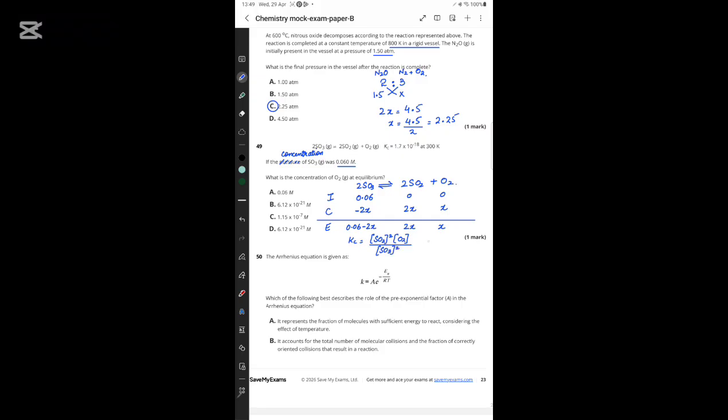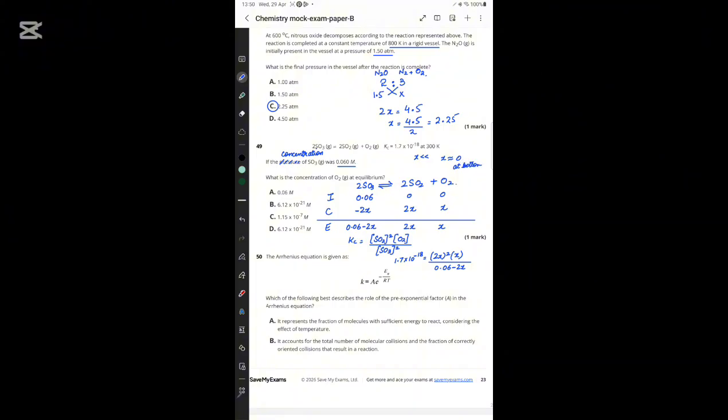So we put the value of Kc, which is 1.7 times 10 to the power minus 18. SO2 is 2x whole squared, and O2 is only x, and at bottom is 0.06 minus 2x. As the value of x is very small, we can put x equal to 0 at bottom.